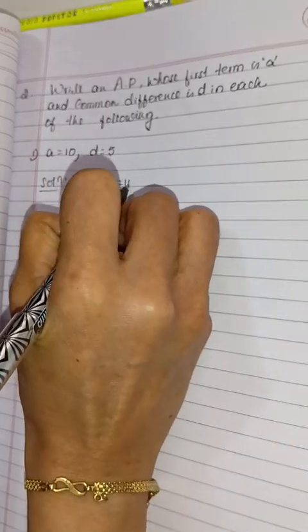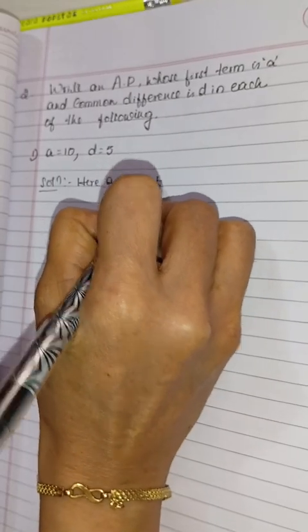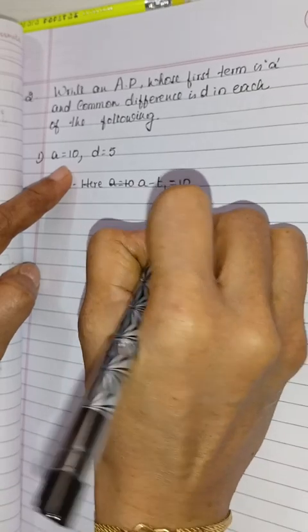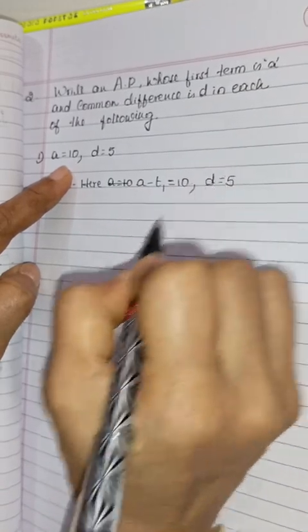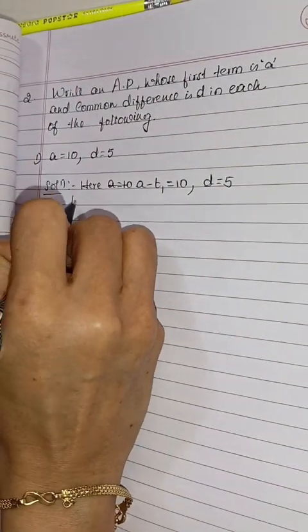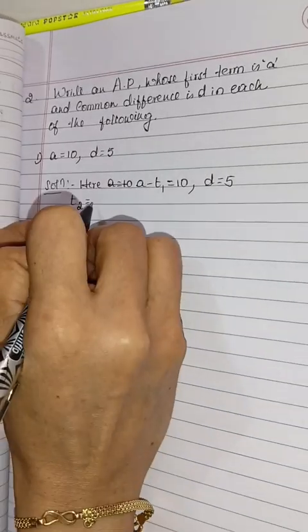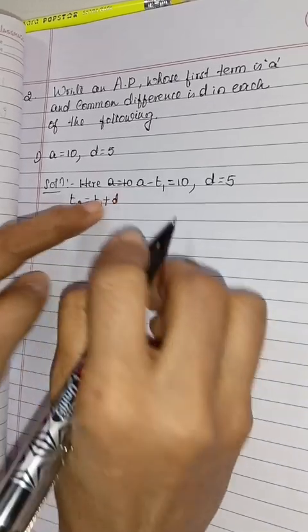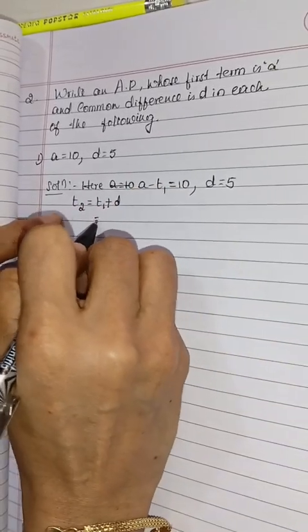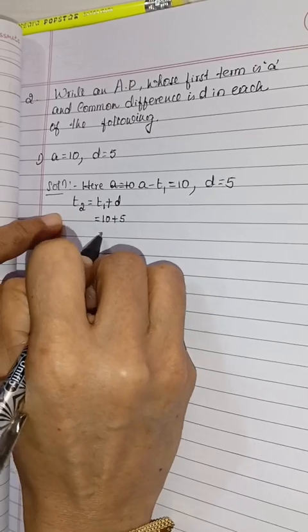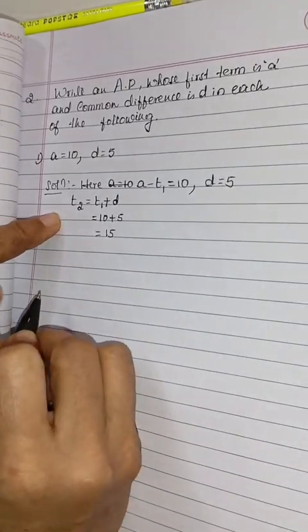Therefore here A is 10, A means T1, that is 10 and D is 5. Therefore we have to find T2. T2 is T1 plus D. T1 is 10 plus D is 5, that is T2 is 15.